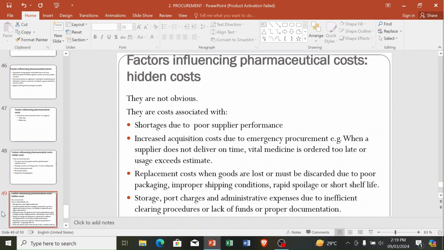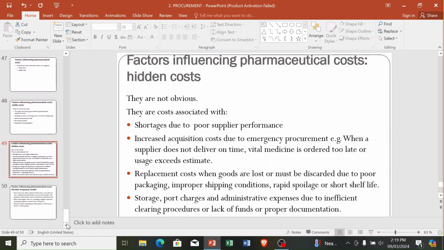We have to incur the cost of disposing of it. We have to incur the loss of the money we used for purchasing them, and a number of things. Okay, storage, port charges, and then administrative expenses due to insufficient clearing procedures, lack of funds or proper documentation can also be another hidden cost.